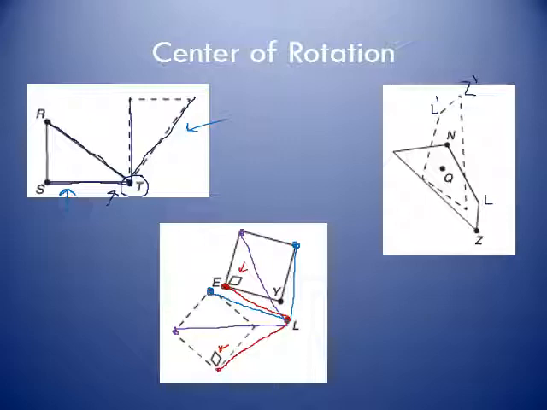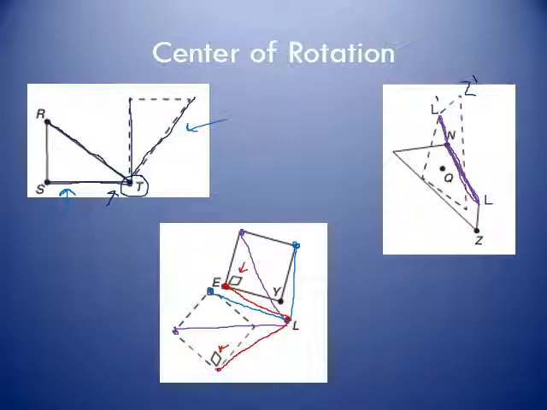So let's say I'm thinking that they rotated around the N, just randomly. I would measure from N to L, there's N to L in purple, and then I would go N to L prime, and I would tell myself those do not look like the same distance.